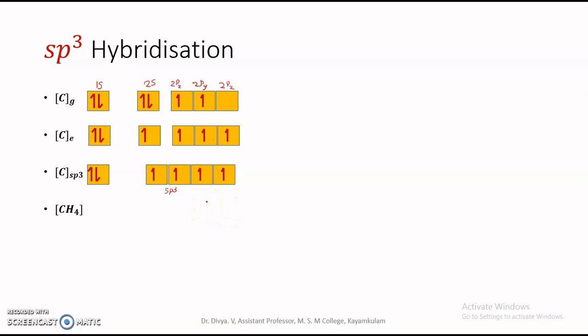During the formation of methane, these are the sp3 hybrid orbitals of carbon, and each of these sp3 hybrid orbitals then combines with the 1s atomic orbital of a hydrogen atom, which contains an unpaired electron. So this results in this configuration.